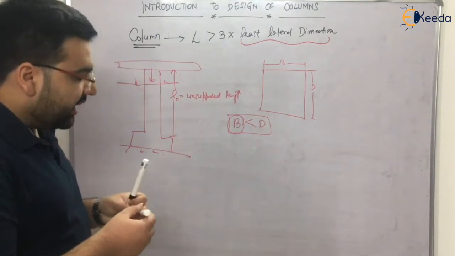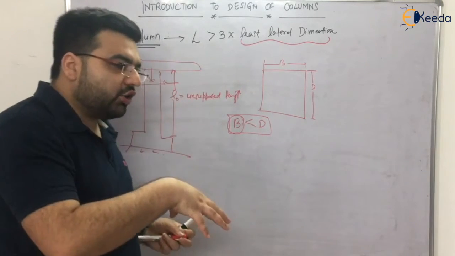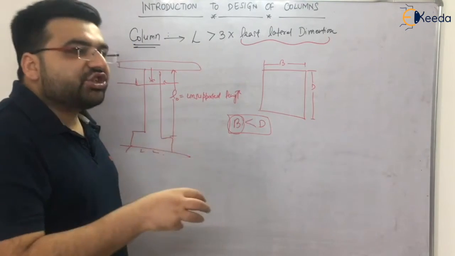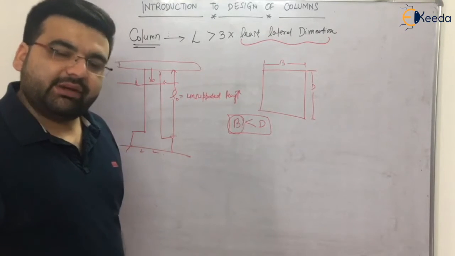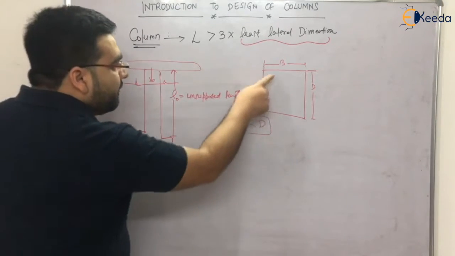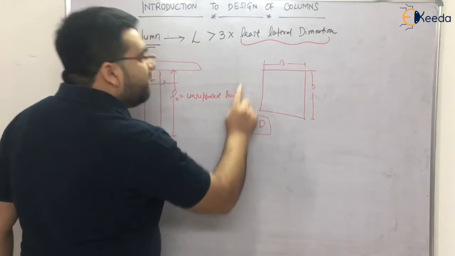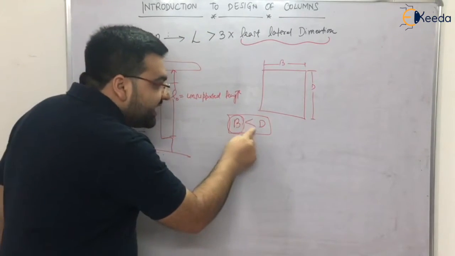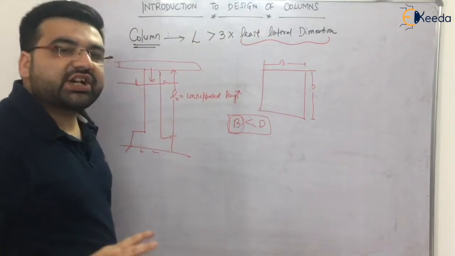It means that if you cut a section and look at a column from the top, the least dimension is taken as the least lateral dimension. So out of B or D, if B is less than D, then B will be the least lateral dimension. If D is less than B, then D will be the least lateral dimension.